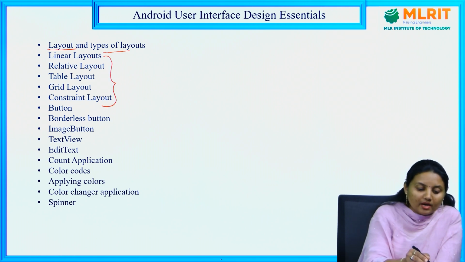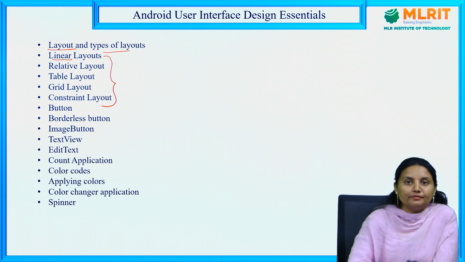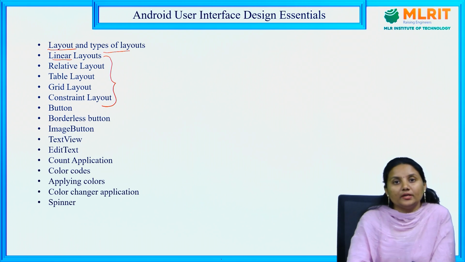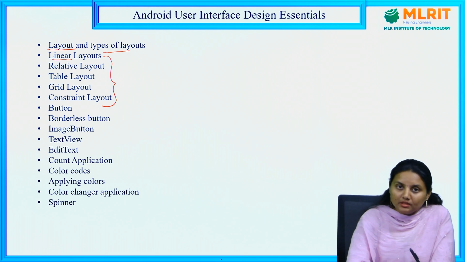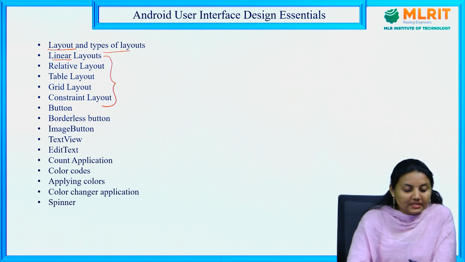Linear layout is where every element, every component of an Android application will be designed in a linear fashion, sequentially. Whenever you give a component like an edit text, then the next component, say a text view, you'll get at the bottom of this element. So this is the linear layout, where the elements are ordered sequentially. Then relative layout.